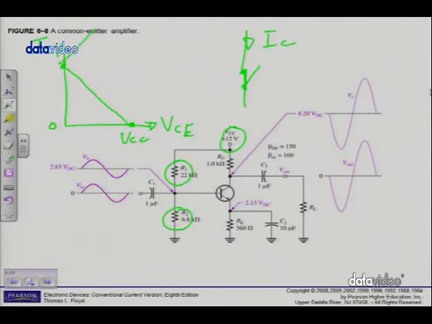And if I operate between cutoff and saturation, that is where I will do my amplification, linear amplification, which is what I want. If I want to sing over a mic or I want to play a CD player, I want that small signal to be amplified exactly as it was. I don't want distortion on the output.